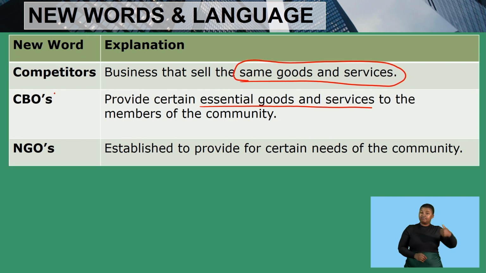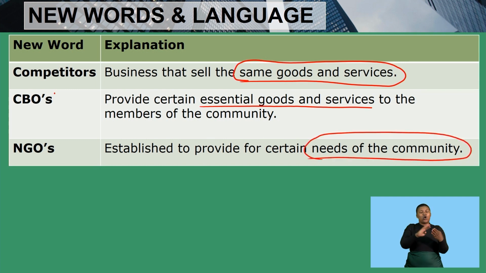And then NGOs are kind of similar to CBOs, where they operate only differs. But NGOs stand for non-governmental organizations. So they also provide essential services to help with certain needs in the community. All right, but later on we're going to have a closer look at those two concepts.